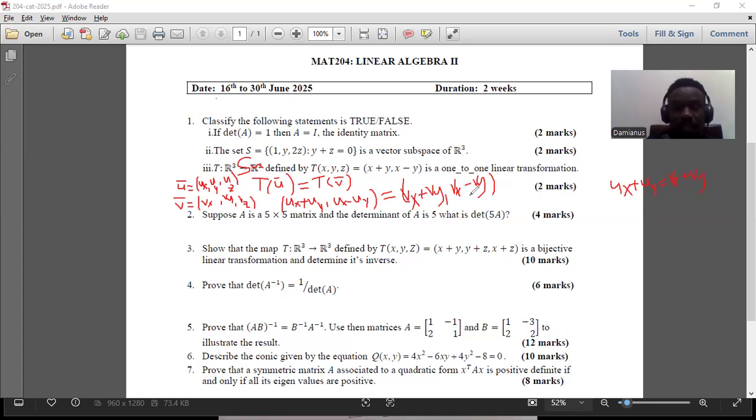Because these are two vectors, and the way they are arranged means that the first guy must be equal to the first guy. The first guy is an x corresponding guy. Remember, these belong to R2. And then the second guys are equal. So ux minus uy equals vx plus vy.